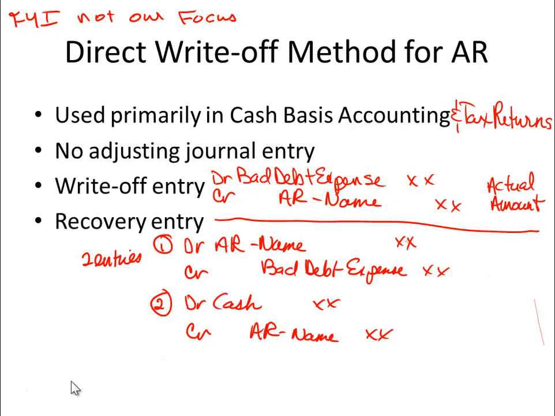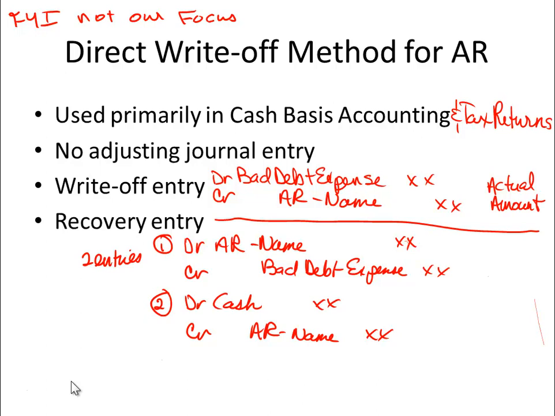Now, if that customer comes back later and pays us some cash, that's called a recovery, and we have to put them back on our books by debiting accounts receivable, I know your name, crediting bad debt expense, and then number 2, debiting cash and crediting accounts receivable for the amount of cash we receive.